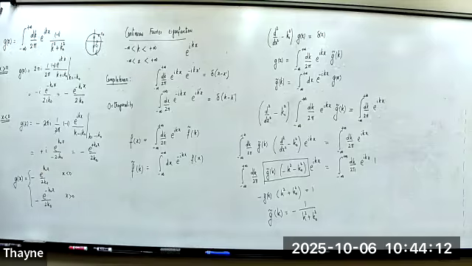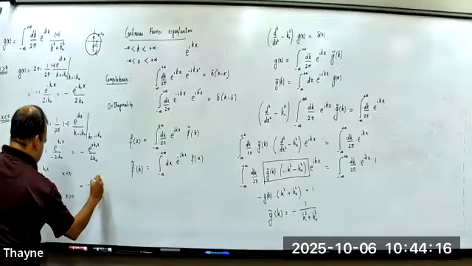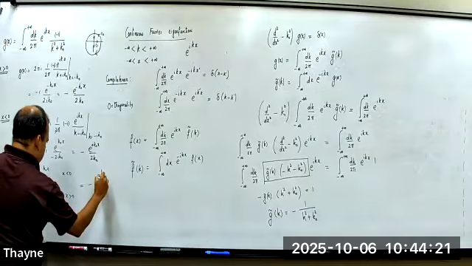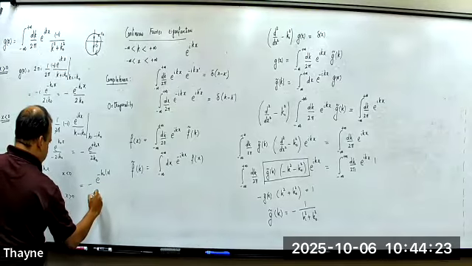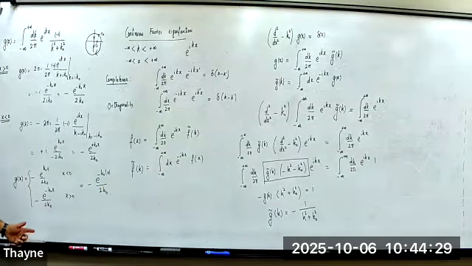Actually, these two can be written in a single form. This is just the same as writing minus e raised to minus k naught magnitude of x over 2 k naught. So that's your first Green's function in this course.